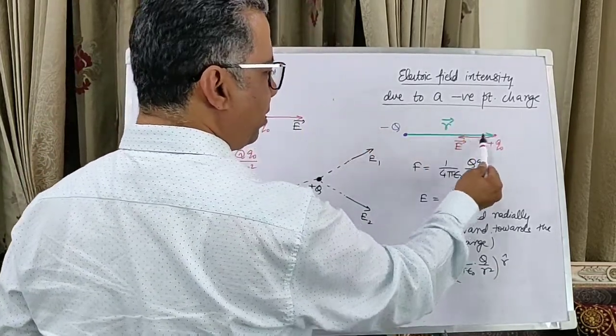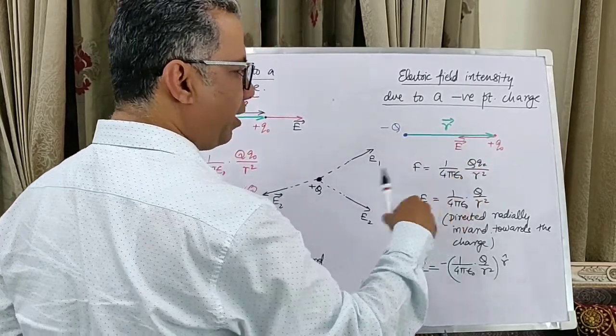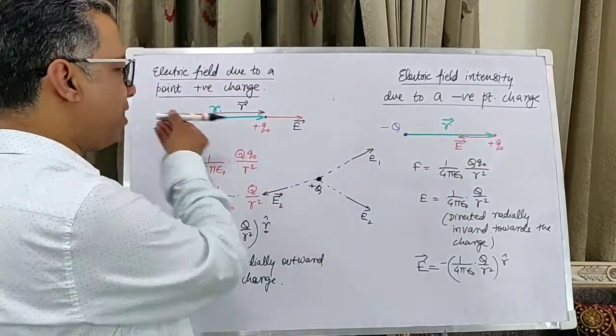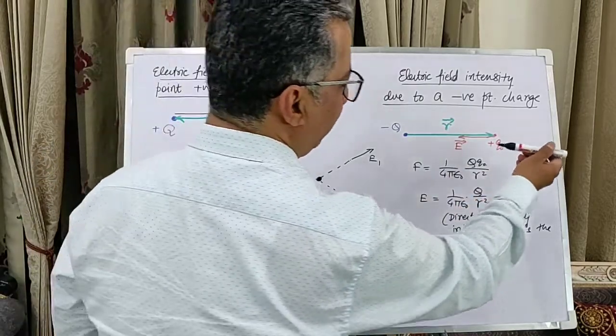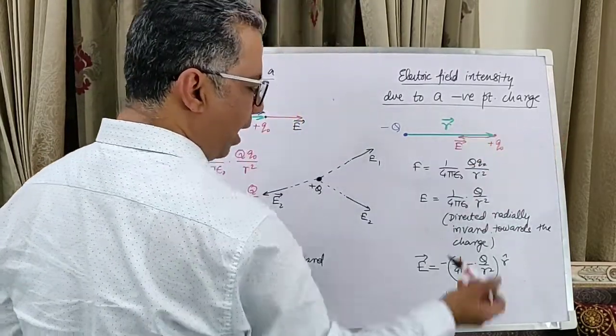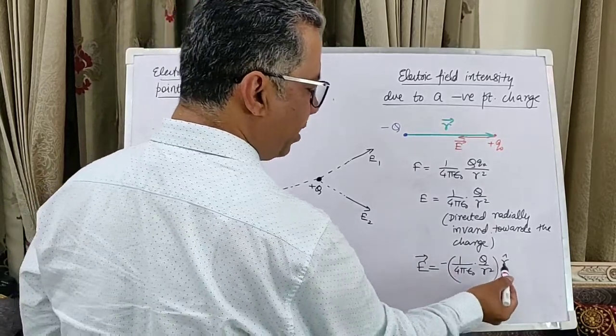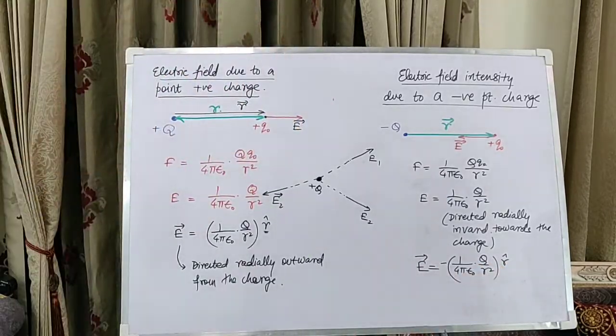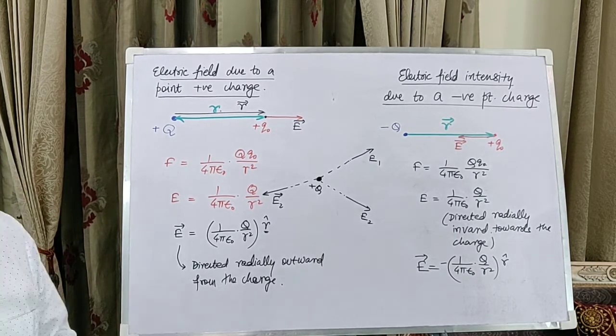So this direction is opposite to the vector r cap, which is the unit vector in the direction of vector r. So it is directed along minus r cap, and therefore we've multiplied it with minus r cap. That's the electric field intensity due to a point charge.